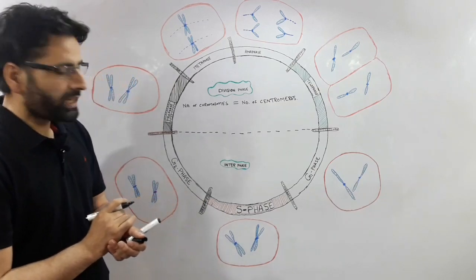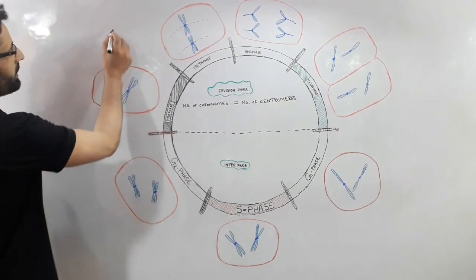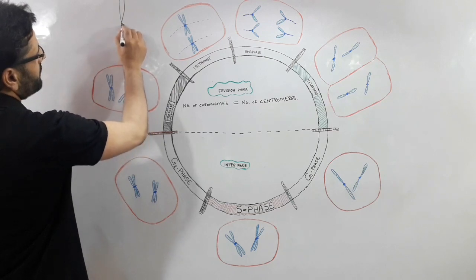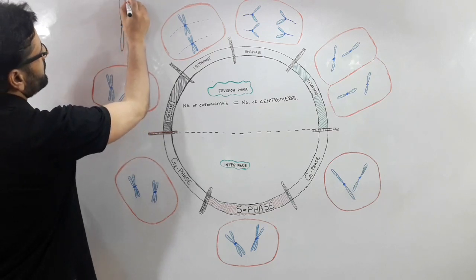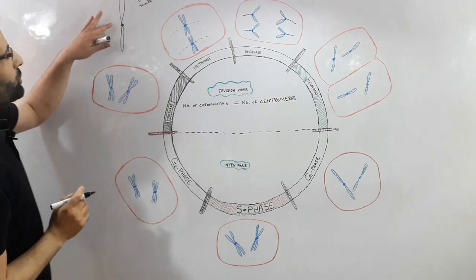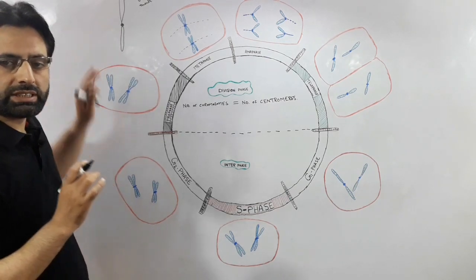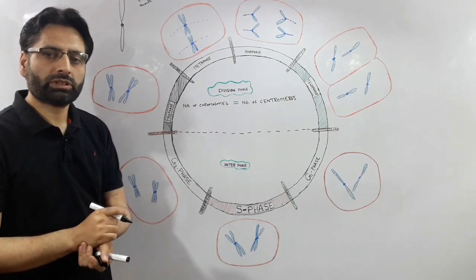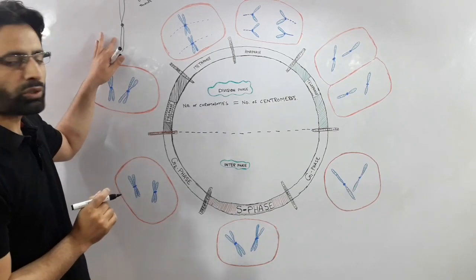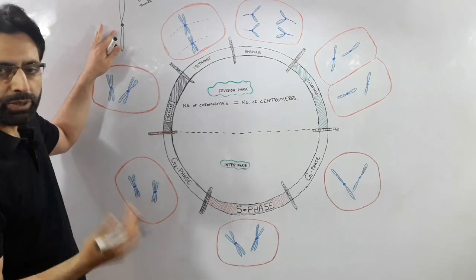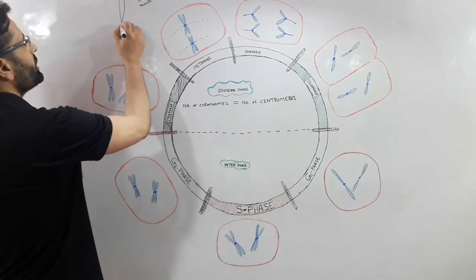Second, you have to remember that in a chromosome like this, we have a single DNA molecule. Chromosome in this shape is having only a single DNA molecule, and this chromosome is unreplicated. When this chromosome gets replicated, its shape is like this.